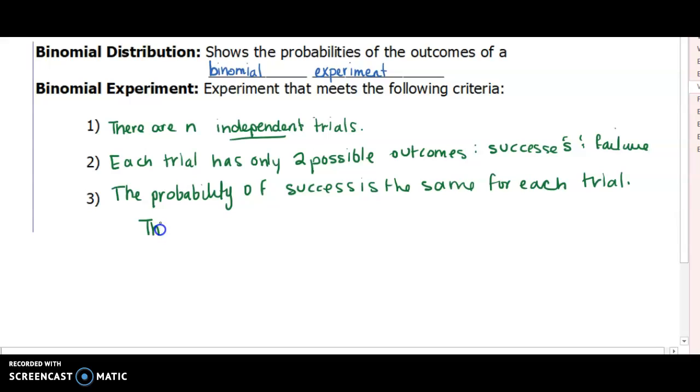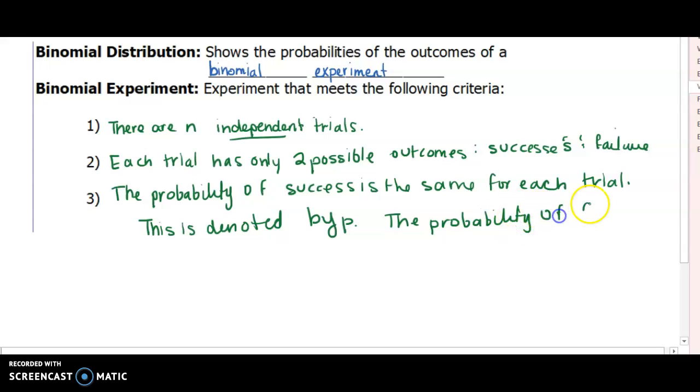This is denoted by P. So P is the probability of a success, and therefore the probability of failure is just 1 minus P. So if our success rate is 75%, our failure rate is 1 minus 75%, or 25%.